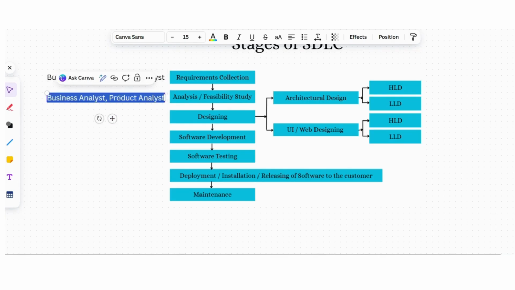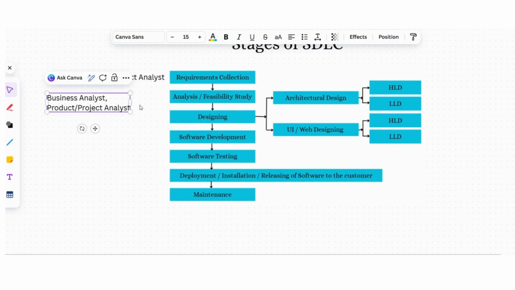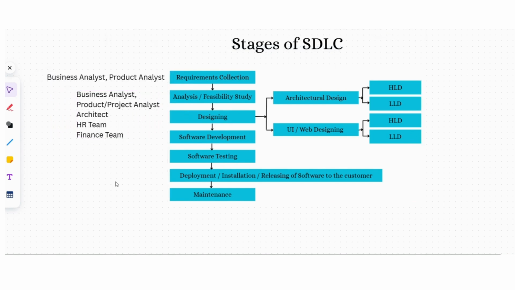The team includes the business analyst, product or project analyst, architect, HR team, or the finance team. So these people make sure the project is realistic and worth starting.